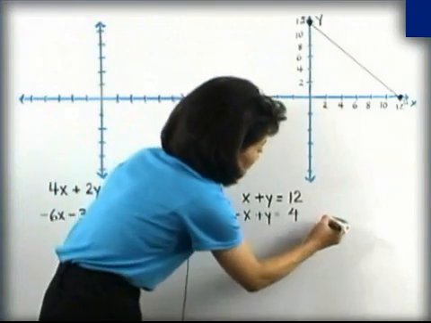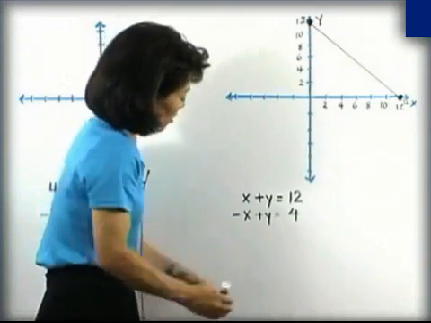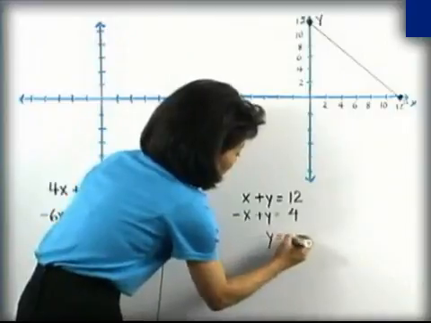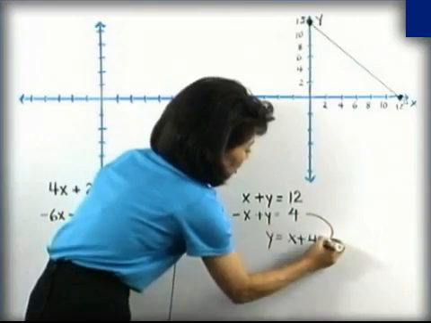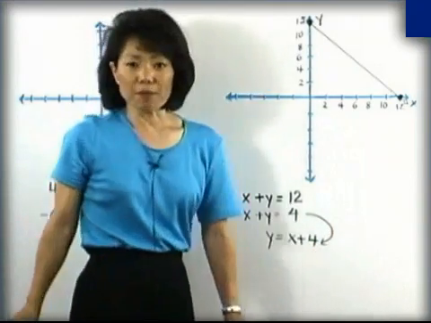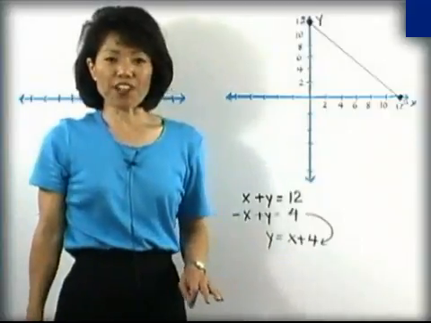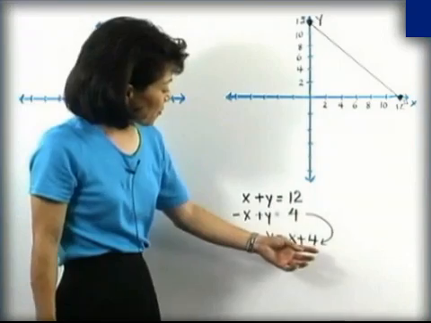So again, probably the easiest way, well, let's see. We could easily change this equation into slope-intercept form, y equals x plus 4. So what I did is I converted this equation into simply y equals positive x plus 4. Now that it's in slope-intercept form, I can easily graph it.